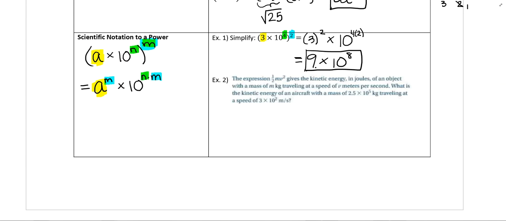So in a word problem here, and they give you a formula, we need to identify what they gave us. So remember that m they tell us is the mass in kilograms. Okay, we have an aircraft with a mass of 2.5 times 10 to the 5th kilograms. So that is our m. So m equals that number.